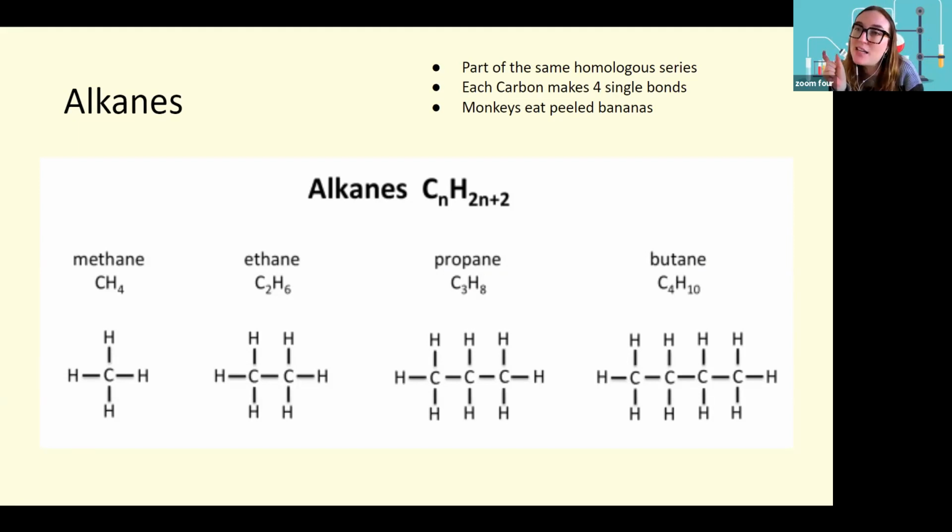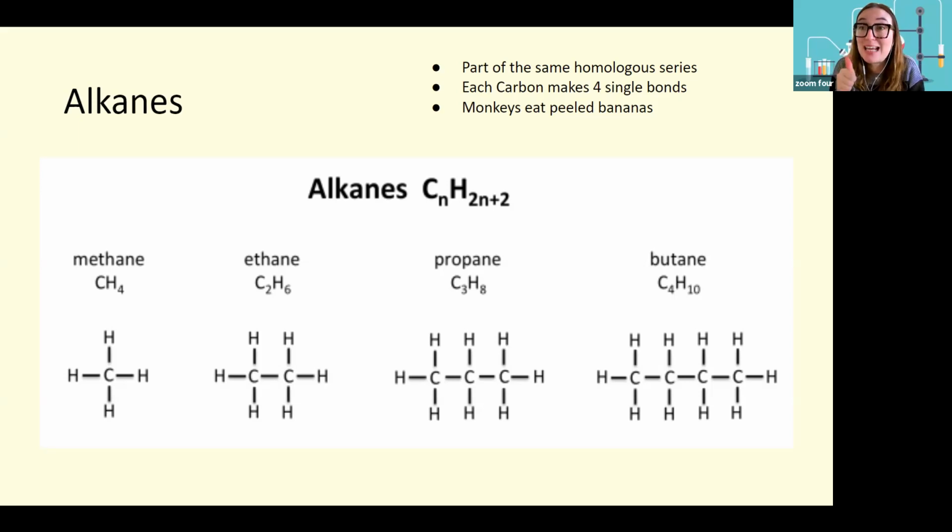Now, the bit at the end is kind of like a surname. The ANE is like a surname. And that makes sense because if their family are alkanes and they all have the same surname, methane, ethane, propane, and butane. The first part of the word, though, relates to how many carbons it has in its chain.